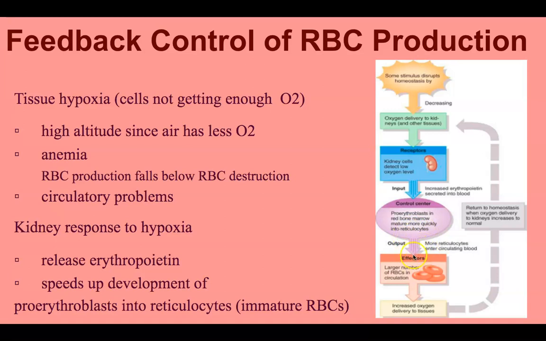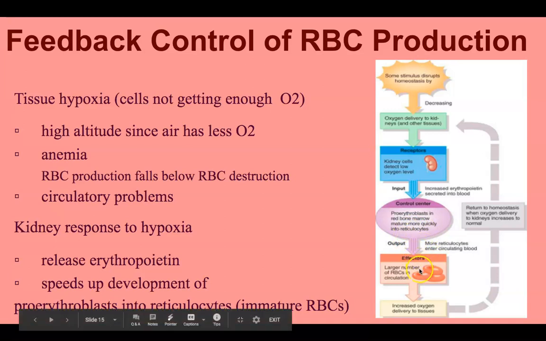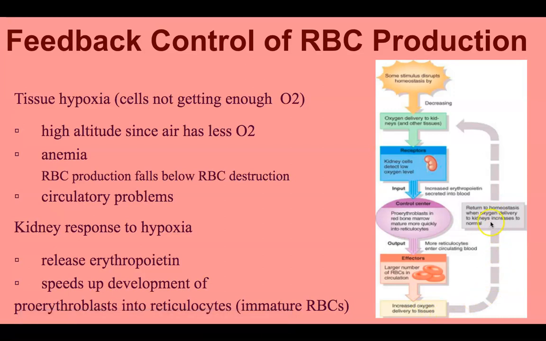These reticulocytes enter the circulating blood and a large number of RBCs are formed, and thus there is increased oxygen delivery to the tissues. Then there is a return to homeostasis when oxygen delivery to the kidney increases to normal. So hypoxia, or a decrease in the oxygen level, is the stimulus that disrupts homeostasis and is the reason for RBC production.